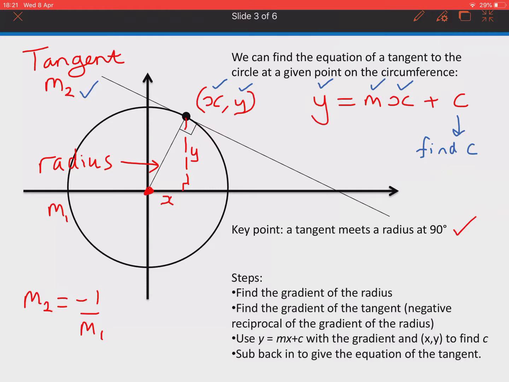The first step is to find the gradient of the radius. Then we find the gradient of the tangent because it's the negative reciprocal of the gradient of the radius. Then I use my y value at the point I'm finding the equation of the tangent at. I use the x value at that point, and I use the gradient of the tangent. I sub those into y equals mx plus c to find c. And then finally, I'm going to write the equation of the tangent using c and m.